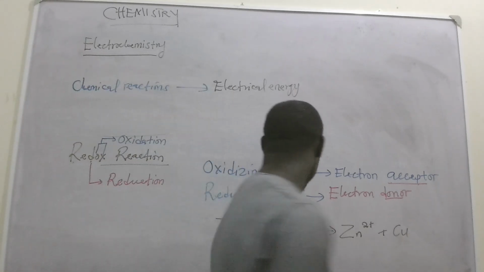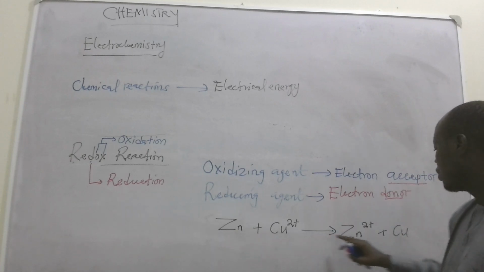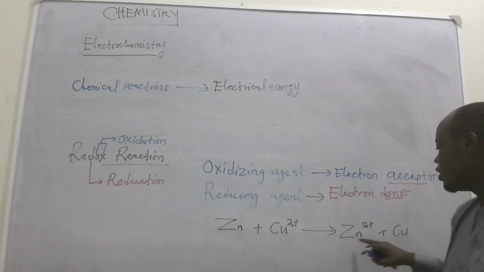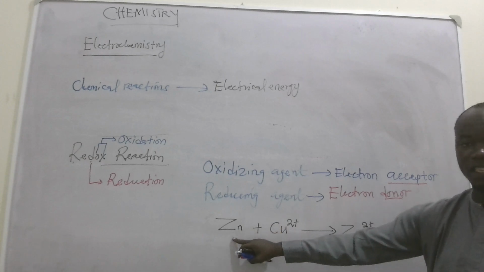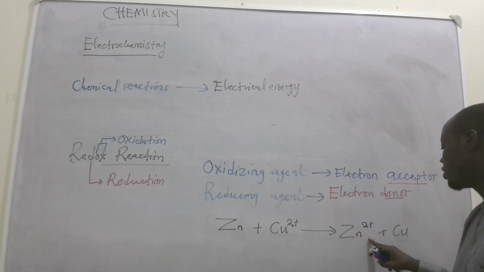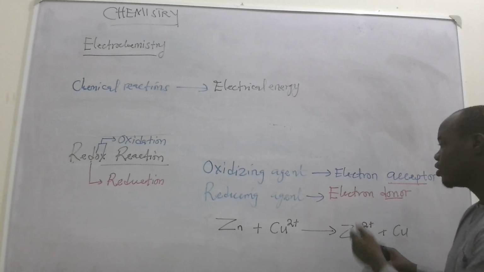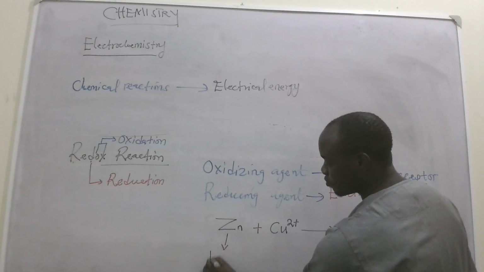So I think it's simple. From here, zinc donates 2 electrons. From here it has 0, but here it has 2 plus. It means that it donates electrons. So zinc is a reducing agent.